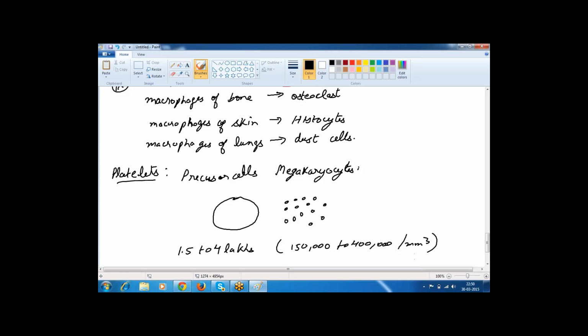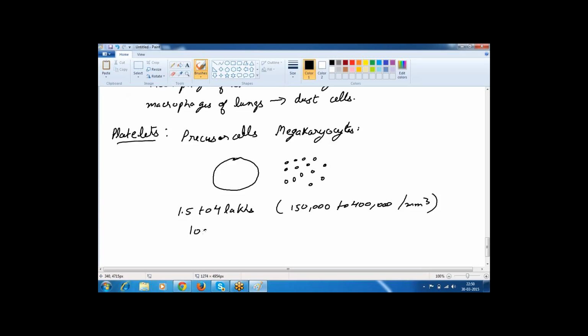And their lifespan is about 10 days. And their job is coagulation. Their job is coagulation of blood. So hemostasis. Hemostasis is their function.